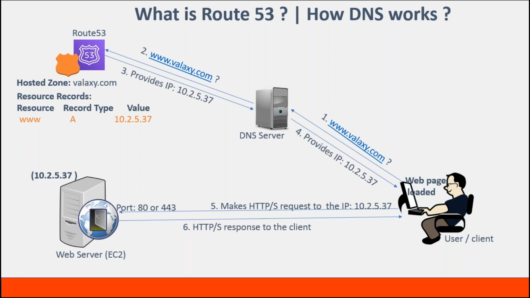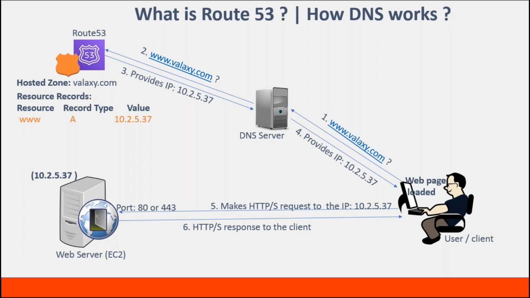So as a client, when you are browsing web services from your browser using a website name, this DNS resolution happens automatically in the backend. You will not know that this is how it is working. But yes, the client here, the browser, is sending the request to the DNS servers to get the resolution.